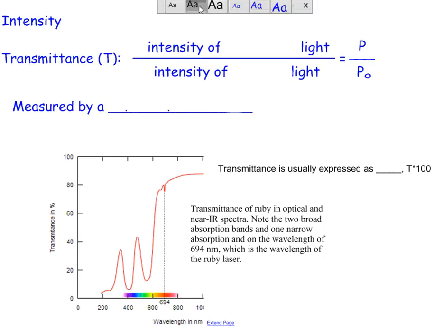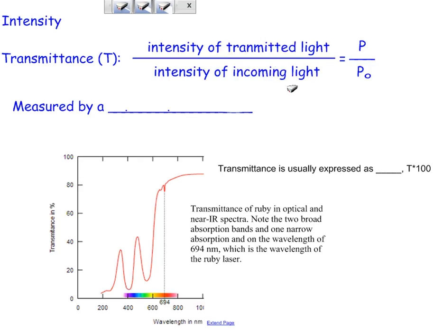The intensity is how much light reaches the detector. So the first thing we do is measure a blank with no sample in it, and we measure how much light reaches the detector. That's the denominator.